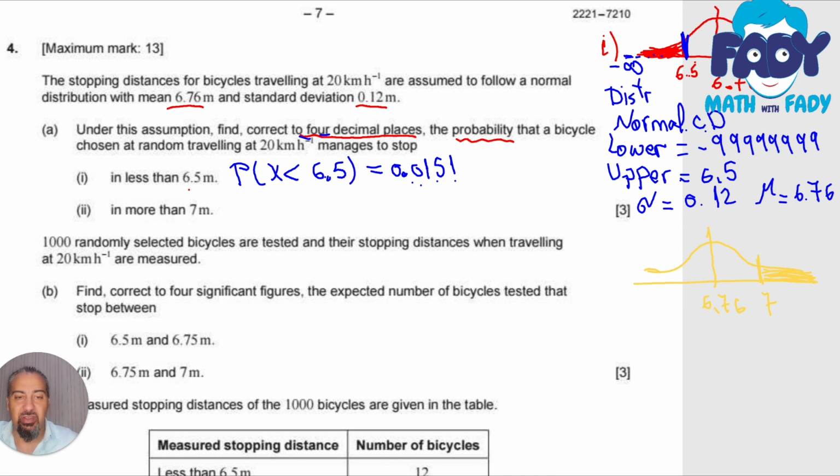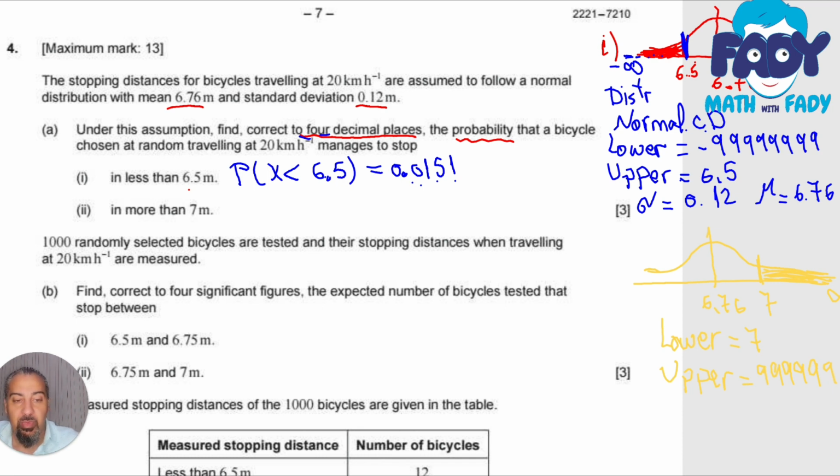So what would be the difference? The lower is 7. This is the minimum. And the upper is here. The end of this shaded area is positive infinity, so positive infinity is 9999999, as many nines as you can write.